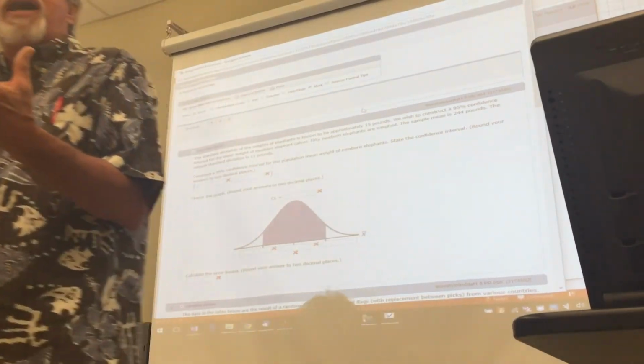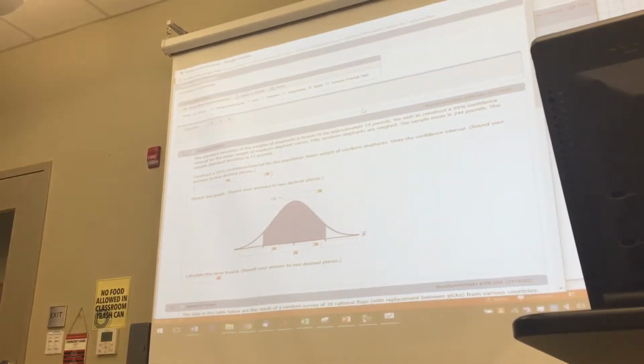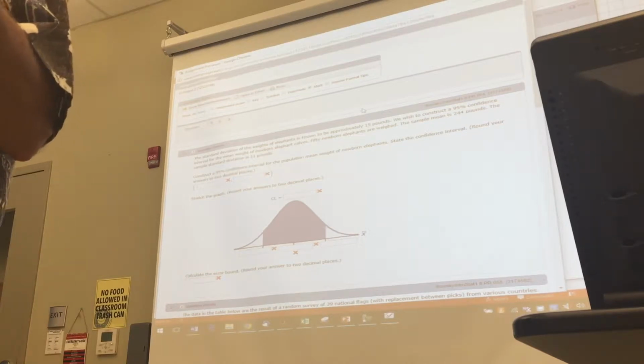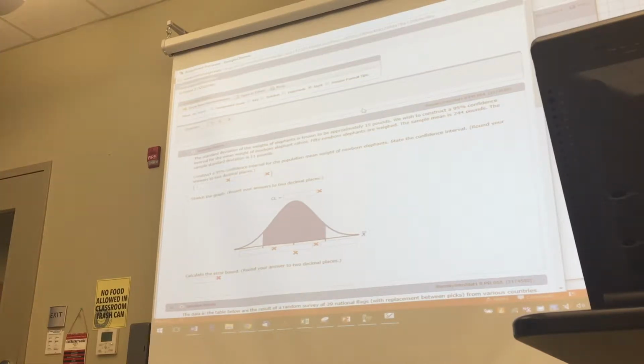So what are they talking about? The standard deviation of the weight of elephants. If I'm talking about the standard deviation of the elephants, I'm talking about the weight of what? A weight of an elephant.